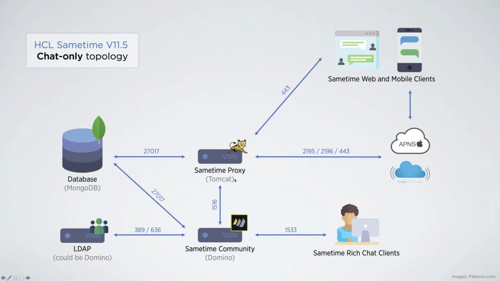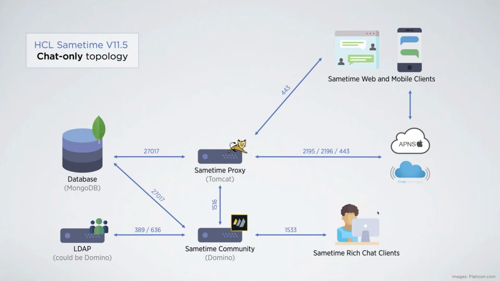So often Sametime proxy is installed in the DMZ, the demilitarized zone, and you connect to internal systems only through a selected port for Mongo and a secured port for Domino. There is no sensitive data on Sametime proxy. So this is the infrastructure you need if you need complete chat: web, rich client, and mobile.